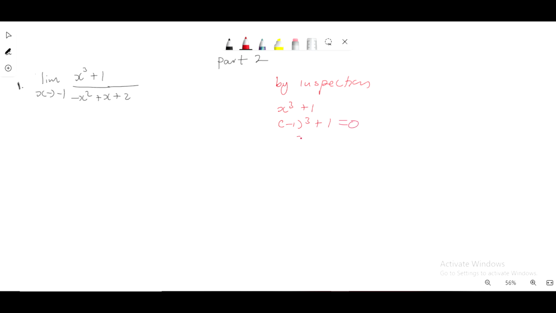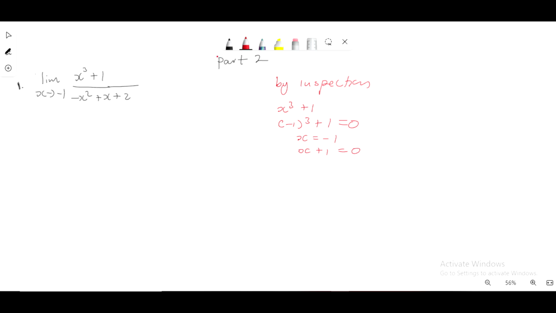So it means that x is equal to minus 1. It's my solution, right? If x equals minus 1 is my solution, then it means that x plus 1 is equal to 0. Do you agree?